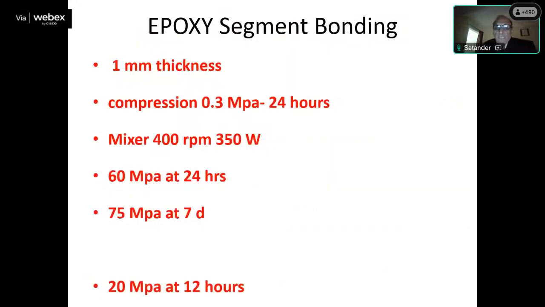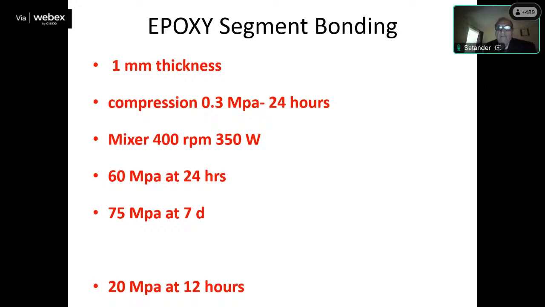Now, suppose you are using epoxy, it must have 24-hour 60 megapascal strength. How do you check? Drill a hole, put a steel rod in it, and pull with a spring machine. We use a weightlifting spring machine also. Lift that, and you can check how much strength you are getting, bond strength also, or compressive strength also you can check.